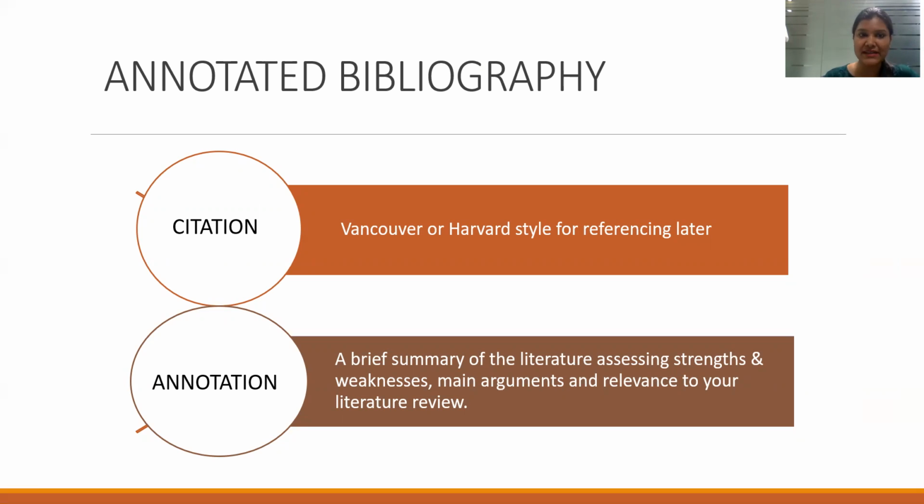So I would recommend that you write a citation of that paper in Vancouver or Harvard style, whichever reference style you want to use. And then you write an annotation, which is a brief summary of the literature, main arguments and relevance to your literature review, so that later on, when you're actually writing the paper, you know where to look for this particular reference or this particular topic.